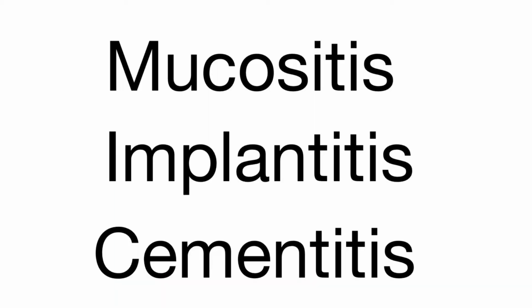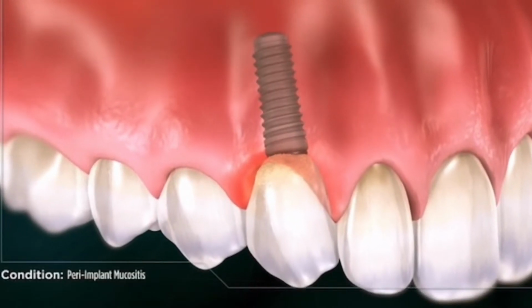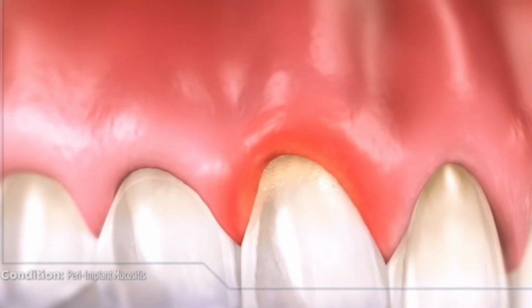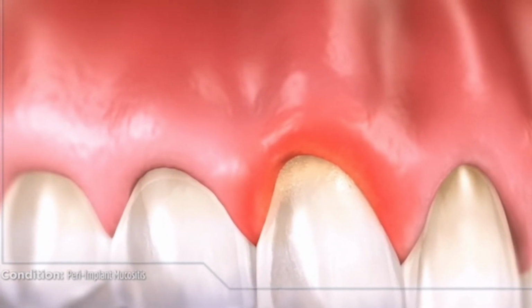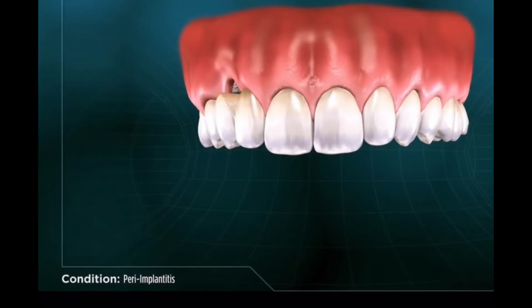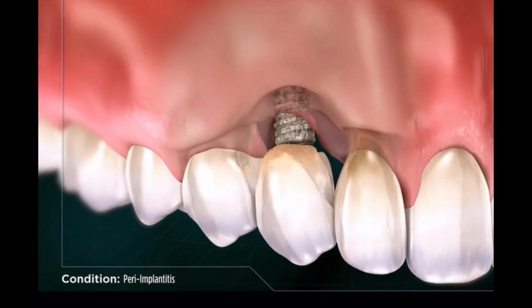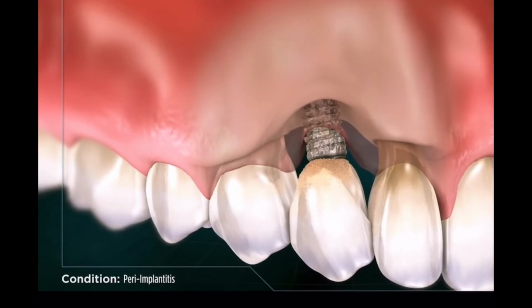As stated before, there are 3 different types of peri-implant diseases: mucositis, implantitis, and cementitis. 43 to 63% of the population has had mucositis, and 18 to 22% of people have had implantitis.